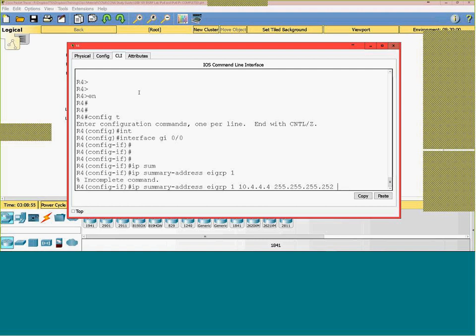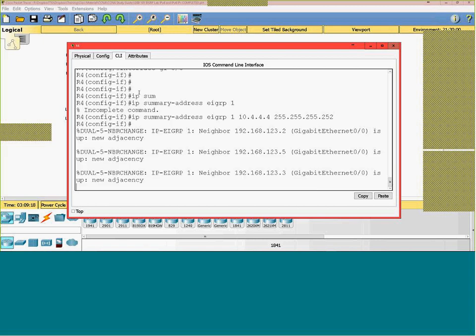Because it runs 4 through 7. I'm trying to create a summary that includes network 4, network 5, network 6. It's a block of 4. I can't create a block of 3. So I've created this block of 4 addresses starting at 10.4.4.4 going up to 10.4.7.4.